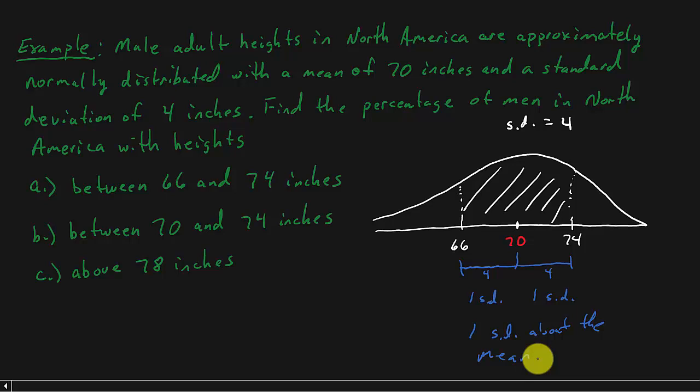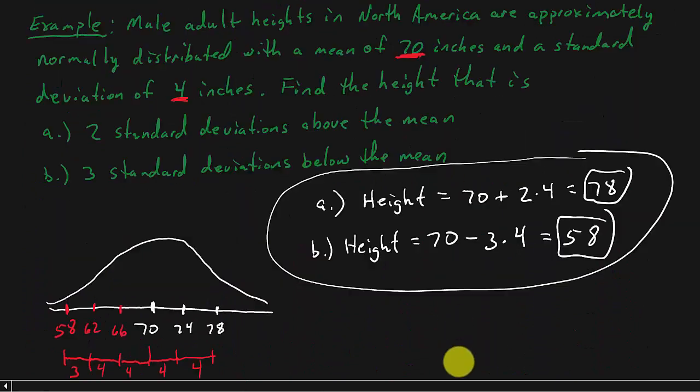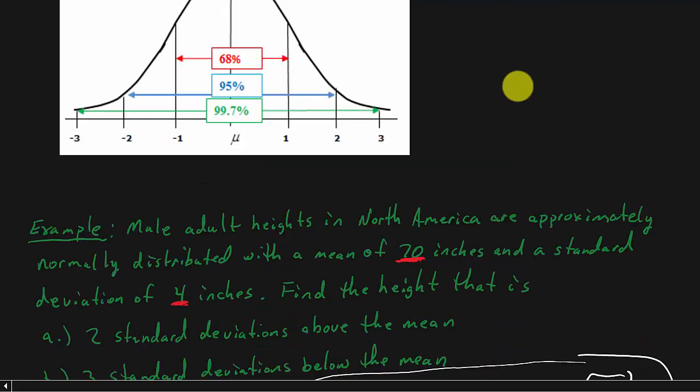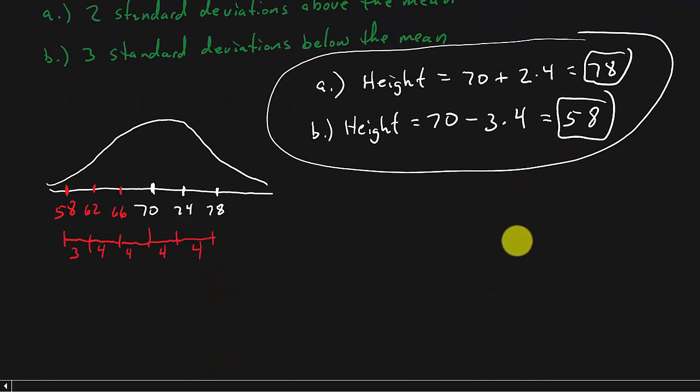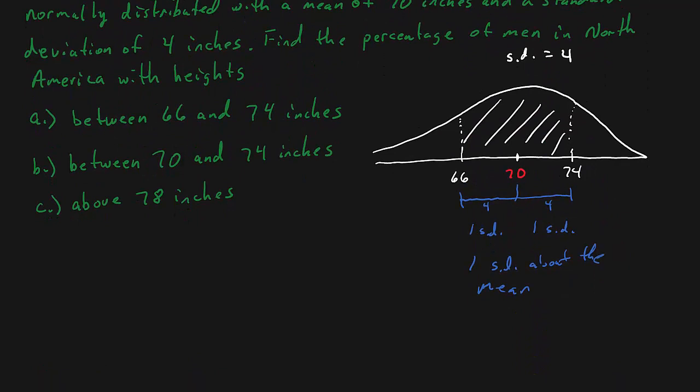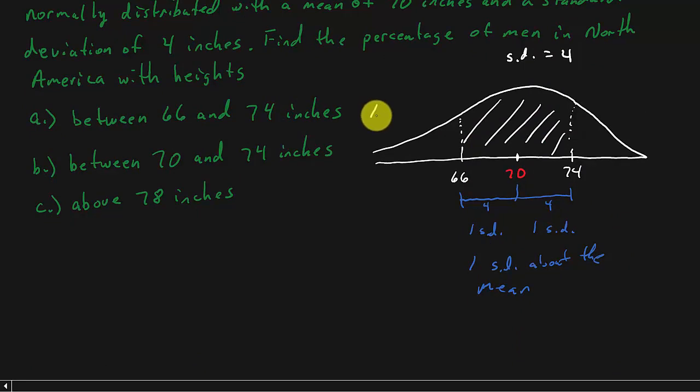Okay, one standard deviation about the mean. So if you come back up here, remember, one standard deviation about the mean, it's 68%. Okay, it's 68%. And so for this problem, this one, it would be 68%. And that comes from that empirical rule over there.